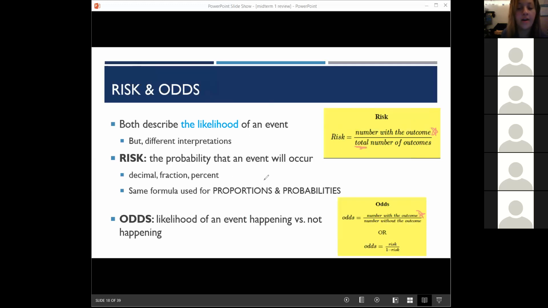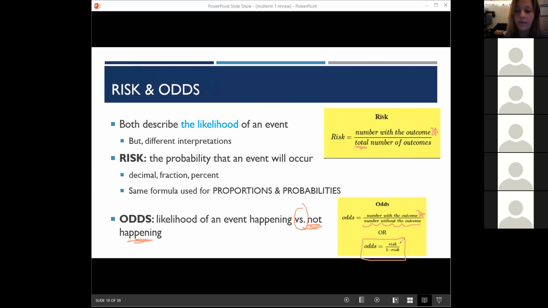And then odds is talking about basically the probability that it will happen versus not happening. So this versus not happening comes from our denominator here, where we talk about the number without the outcome. So that's how we're able to compare the two. And then another way to put it is if you're given risk already, if you're given that value, then you can use this bottom equation here.